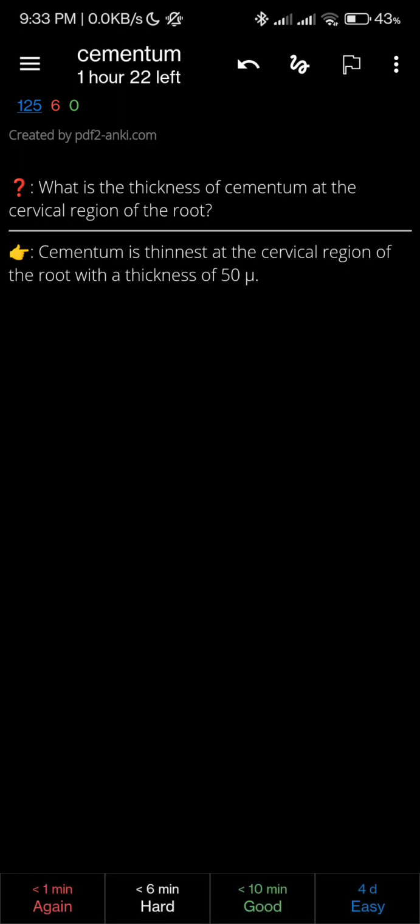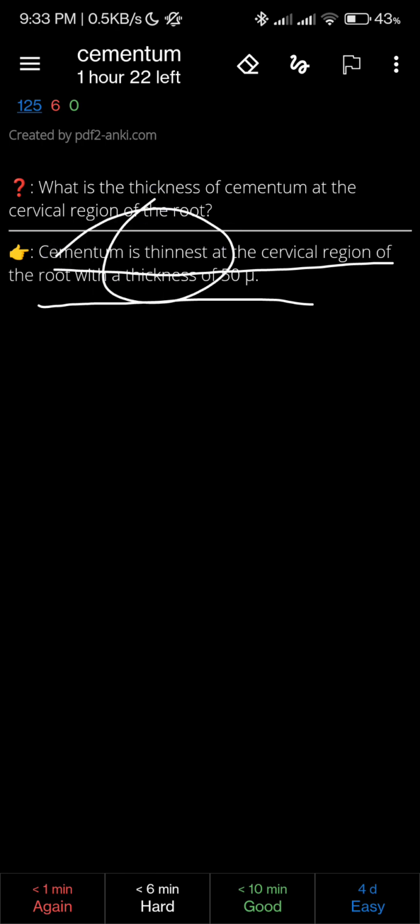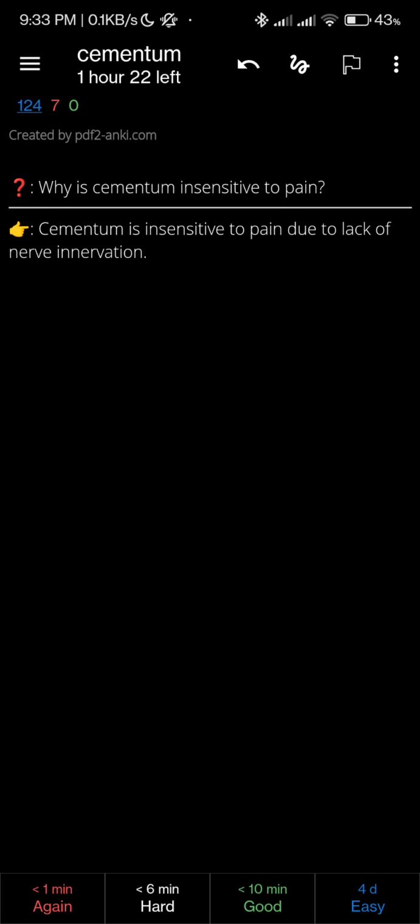Cementum is thinnest at the cervical region of the root, with a thickness of 50 microns. It is most probably due to lack of nerve innervation, because it is avascular.